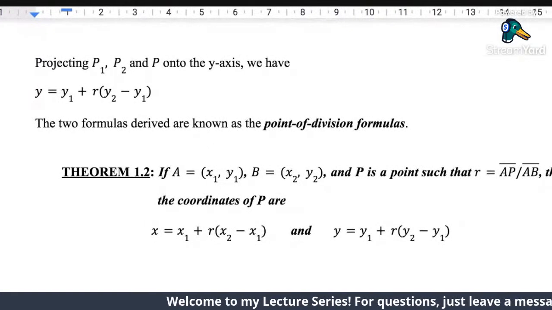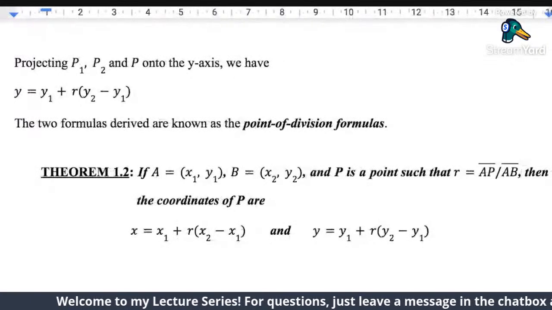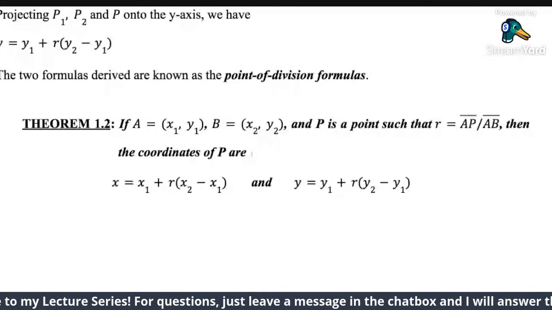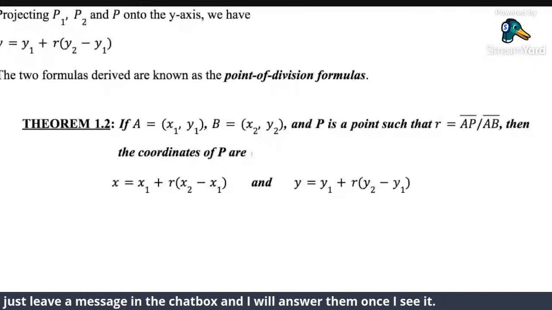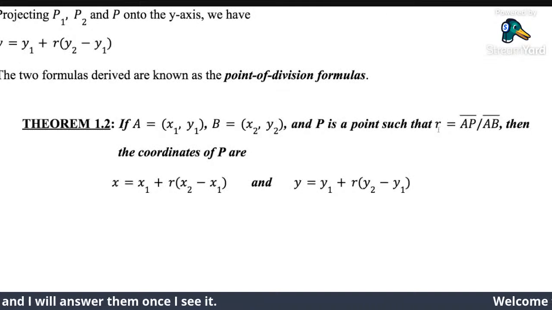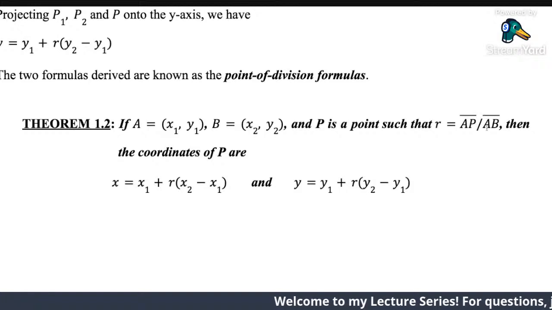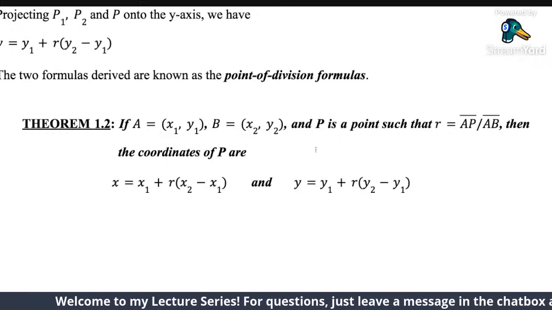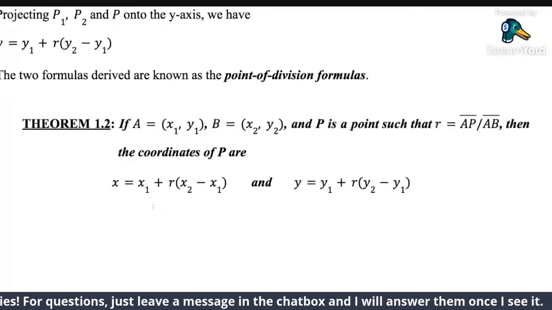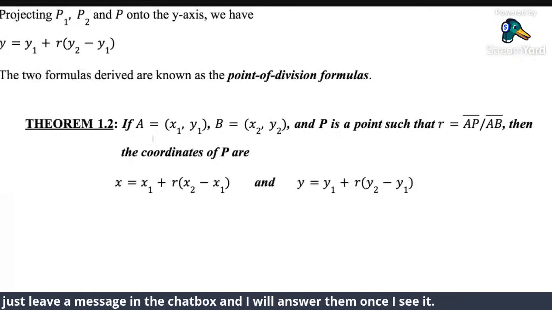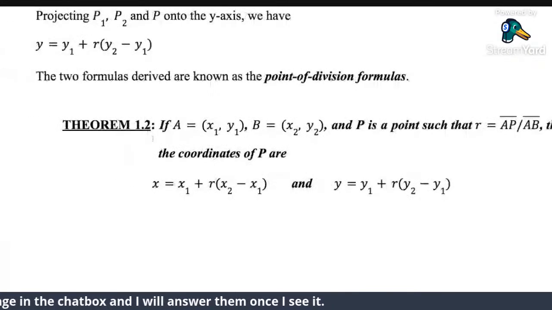And it's stated in the theorem that if point A is the point x sub 1, y sub 1, and B is x sub 2, y sub 2, and P is a point such that R is equal to the distance from A to P over the distance from A to B, then the coordinates of P, halimbawa, pinapahanap yung coordinate ng P, is given by this, like the one I just showed you on how it was derived.